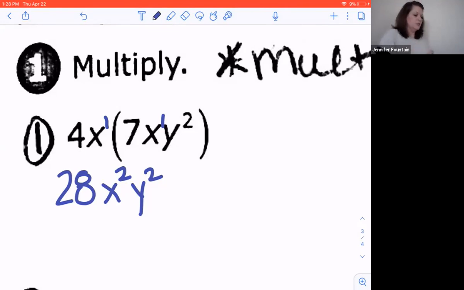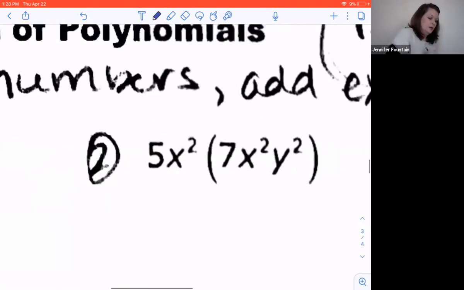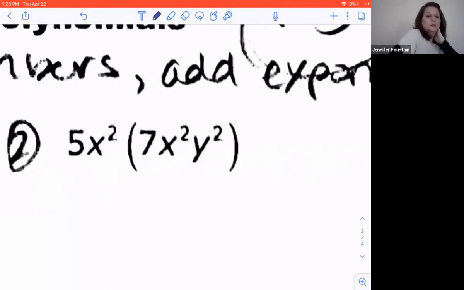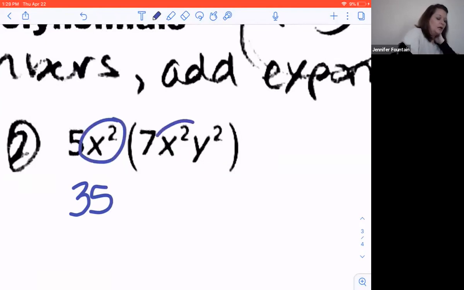All righty, so let's look at number 2. I start by multiplying my numbers, and 5 times 7 is 35. 35, good. Now I have x squared and x squared. I keep the variable, and what do I do to my exponents?